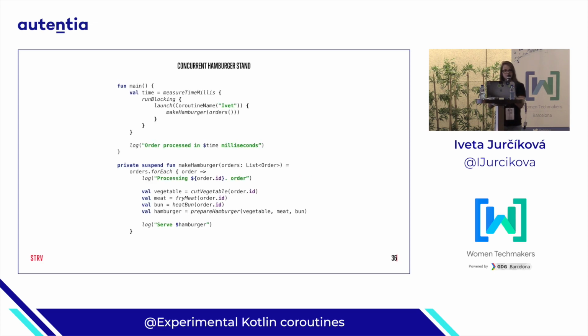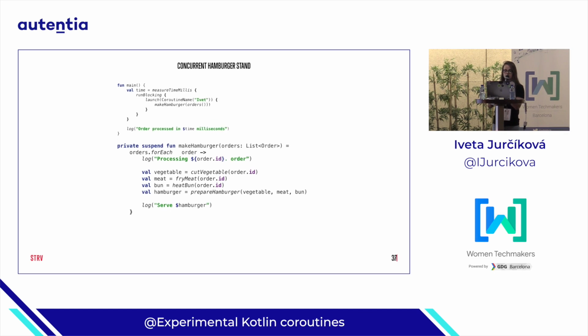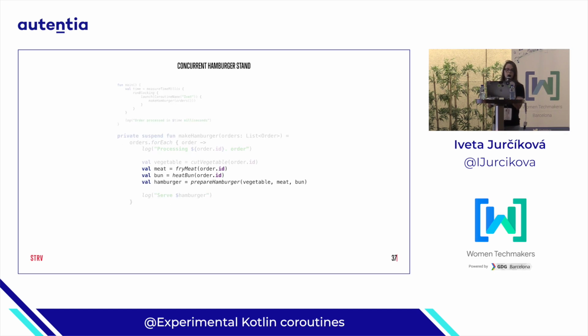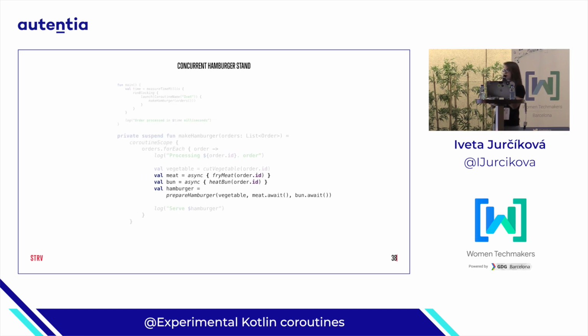To reflect this situation in our previous code, we need to change just a few lines of code. Here. We need to wrap functions fry meat and heat bun in the async coroutine builder. The async coroutine builder returns Deferred, a lightweight non-blocking future that represents a promise to deliver a result later. We need to call the suspending function await on the deferred object to get the eventual result.